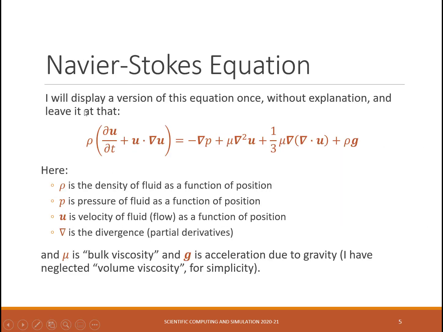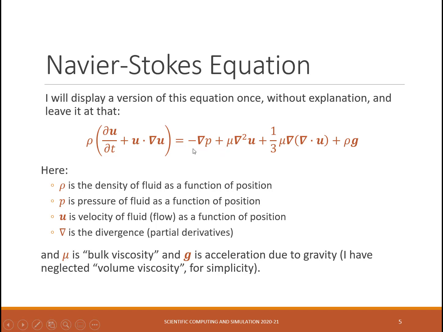This slide displays the Navier-Stokes equation, characterizing a fluid substance by a set of parameters, such as density, pressure, and velocity. In this equation, ρ is the density of fluid, P is the pressure of fluid, and U is the velocity of fluid.